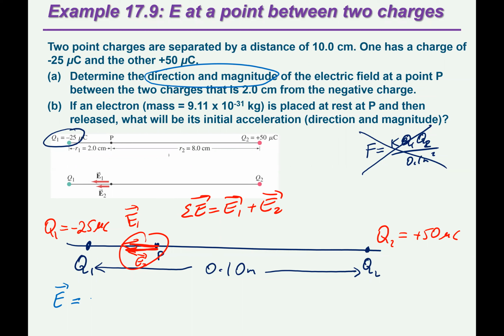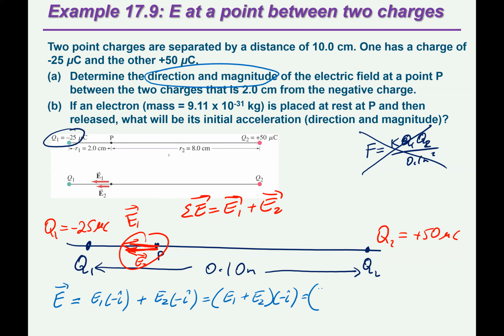I can see that electric field 1 is in the negative i hat direction, because it's pointing to the left. Plus the magnitude of electric field 2, direction again negative i hat. That means this is E1 plus E2, those are the magnitudes, and the direction I can factor out. If 2 vectors are on the same axis, you can just algebraically add them together.